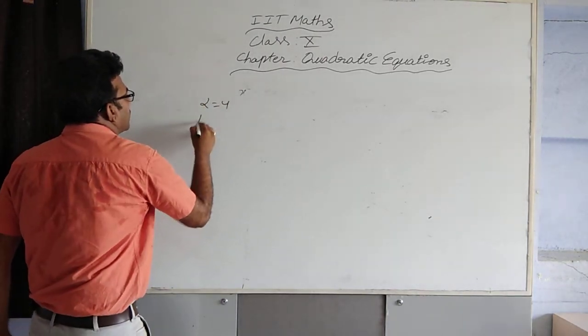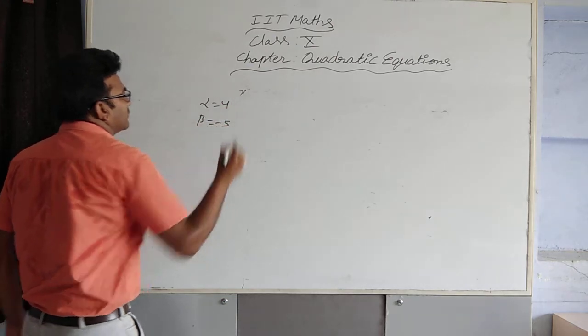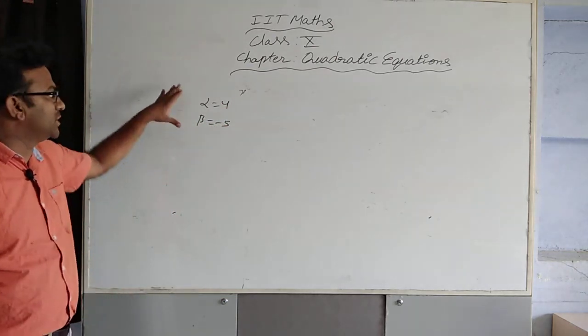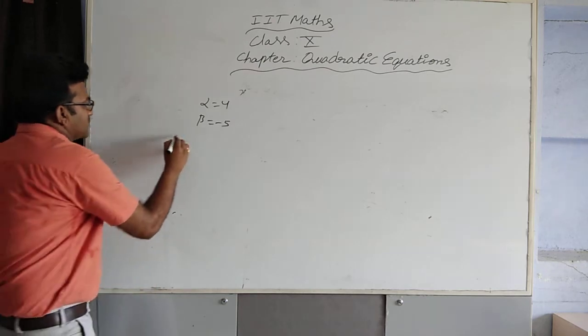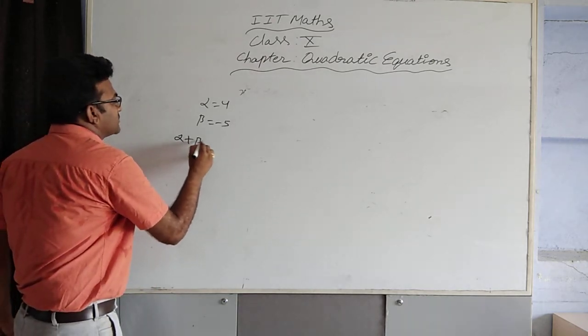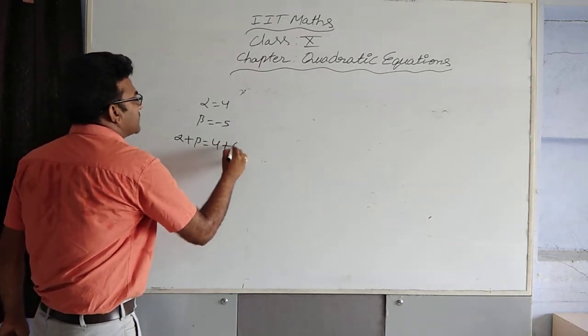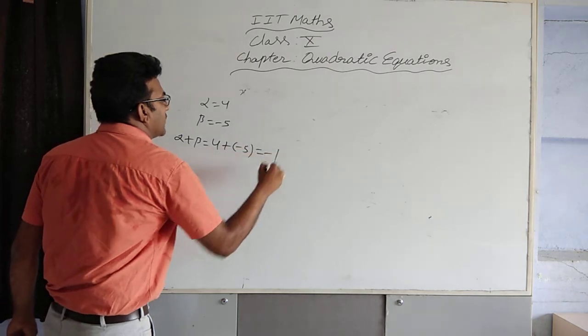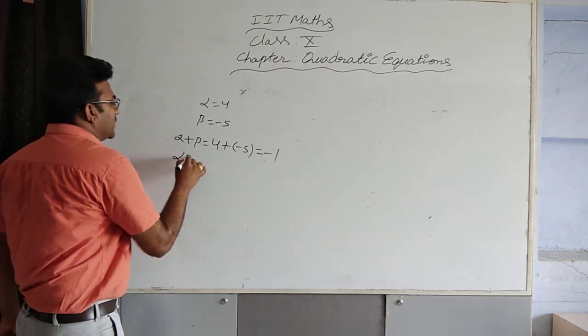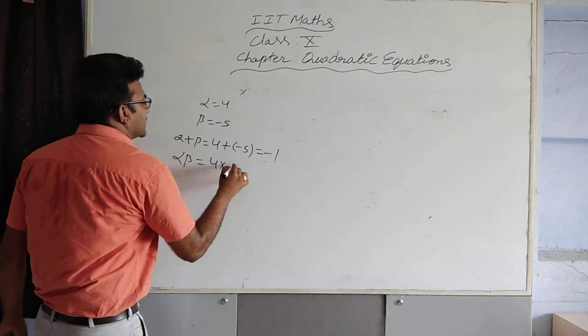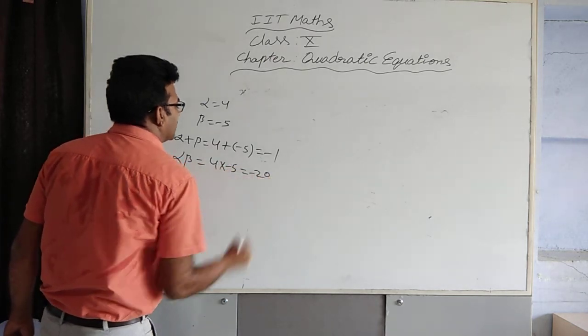Alpha equal to 4, beta equal to minus 5. I am taking these as the two roots. First, the sum of the roots: alpha plus beta is equal to 4 plus minus 5, that is equal to minus 1. Alpha into beta: 4 into minus 5, that is equal to minus 20.